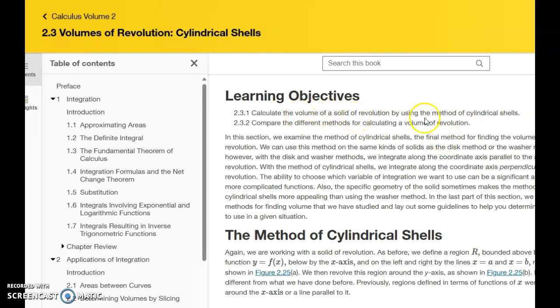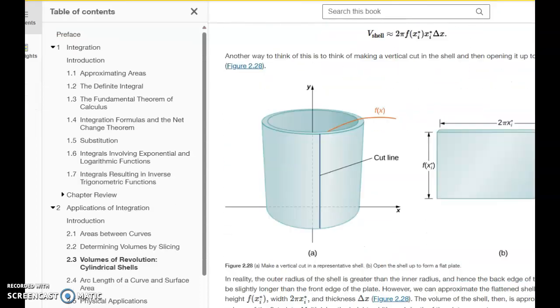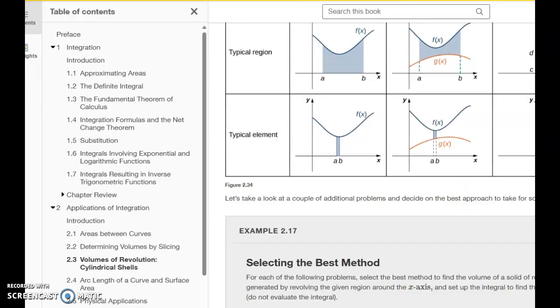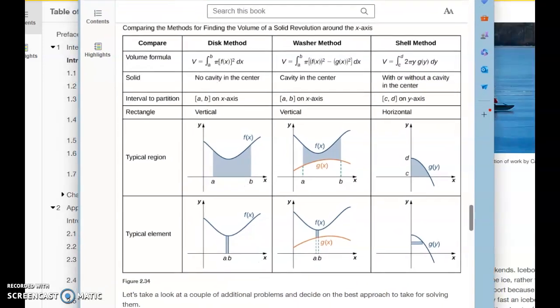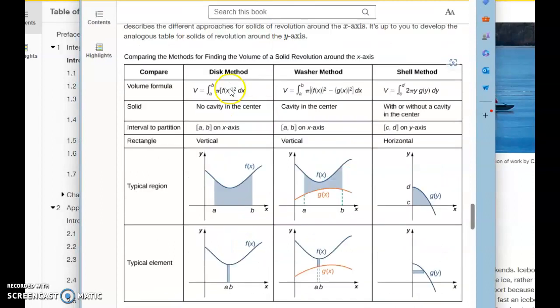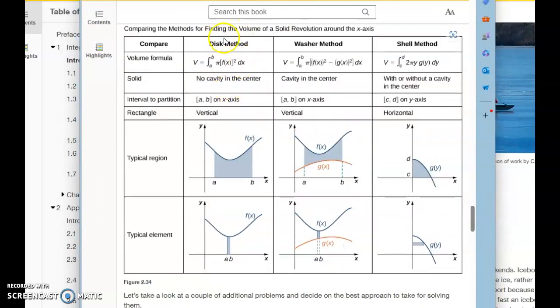And then this will talk all about the different ways to calculate the volume. So I'm going to scroll down to this portion here, and because I'm in this section, we talk about the disk method, the washer method, the shell method, and it talks about which method you should choose, comparing the different methods.